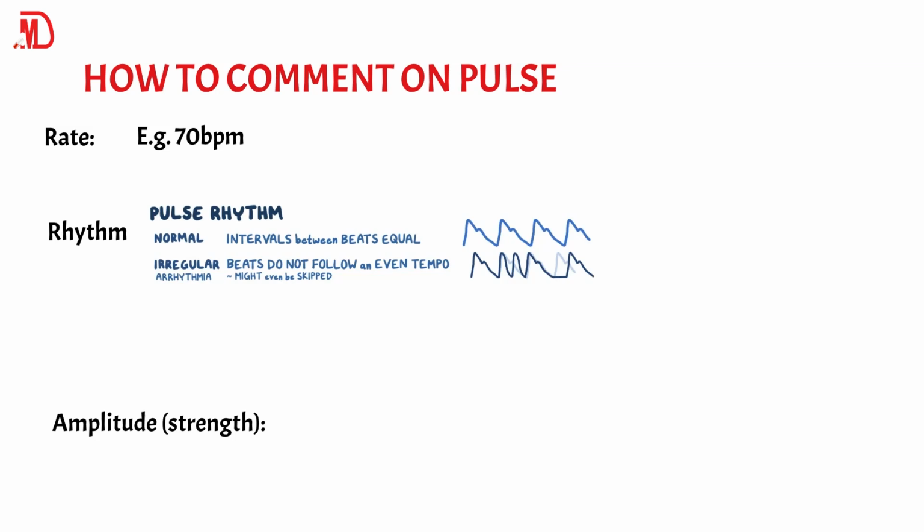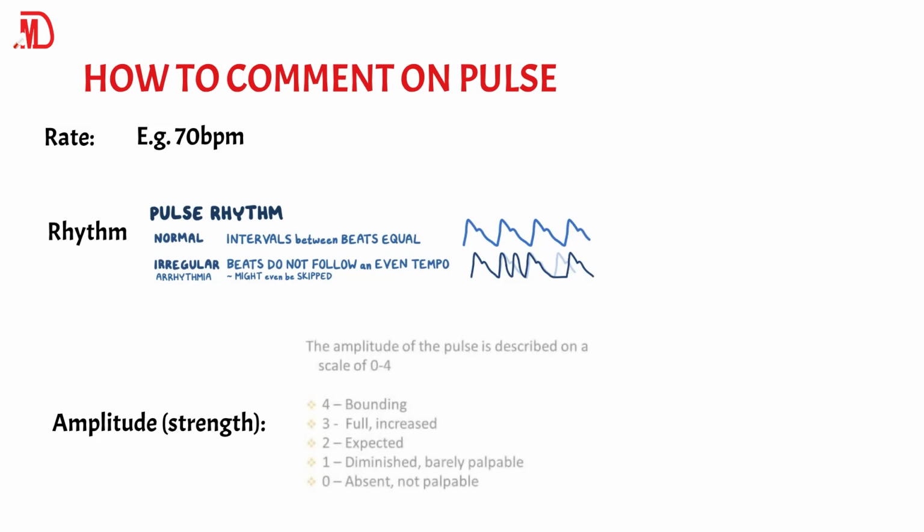Over here, you use a grading system. Example, grade 0 means absent strength, +1 means weak amplitude, +2 means normal amplitude or strength, and +3 means it is pounding. This is to indicate the strength of the pulse, basically.